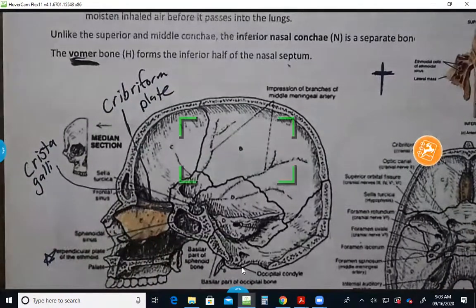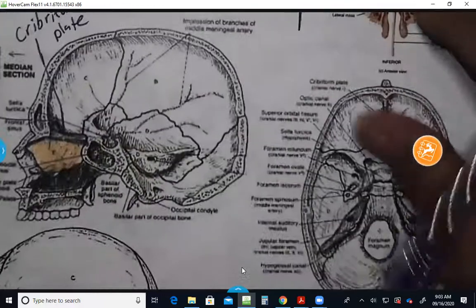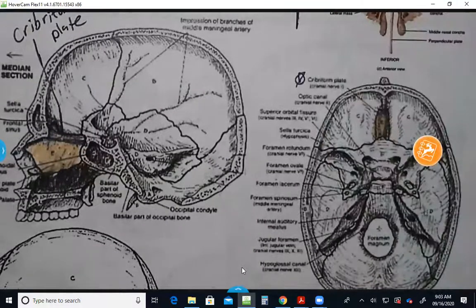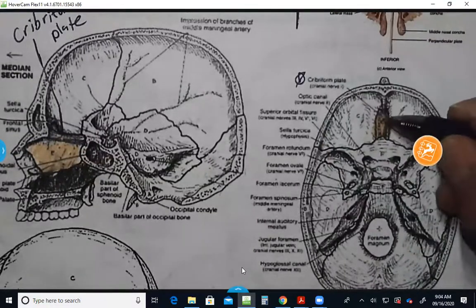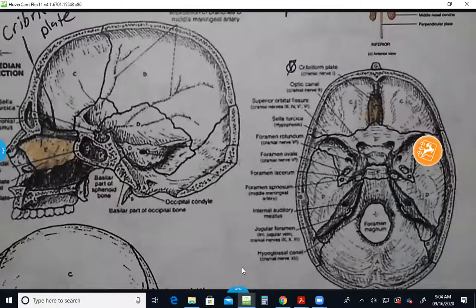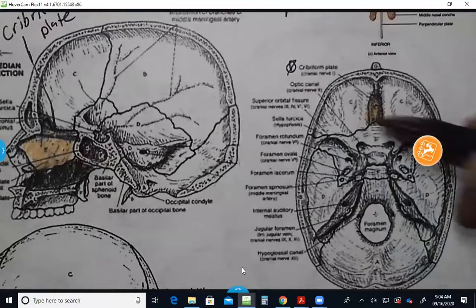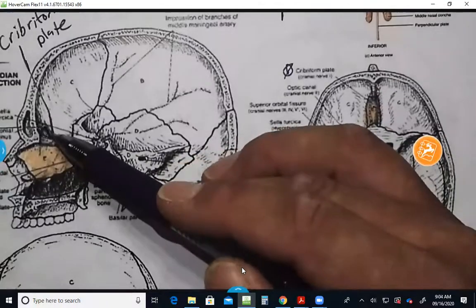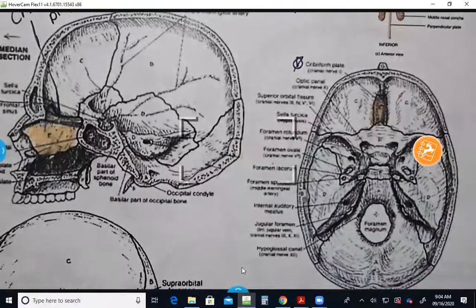This afternoon, when we have lab in here, you will have the opportunity to look at skulls and see this when you look down in the cranial floor. The crista galli is not labeled, but it would be right here. It helps divide some of the tissue associated with the brain into the two sides, because your brain sits right on top of that cribriform plate.